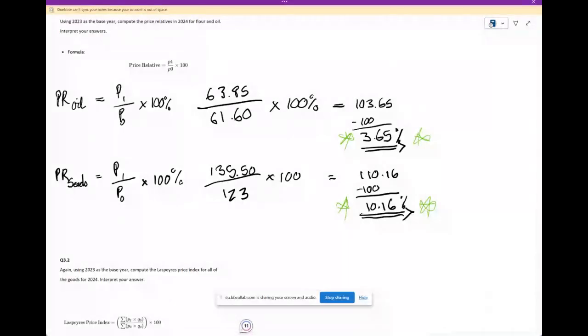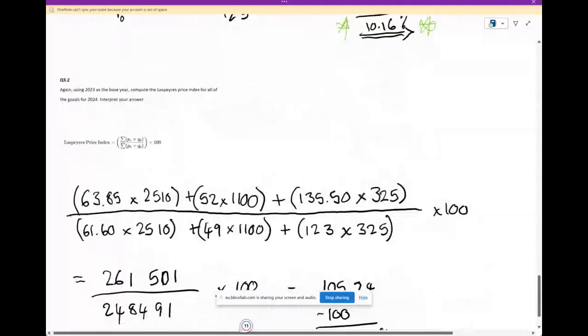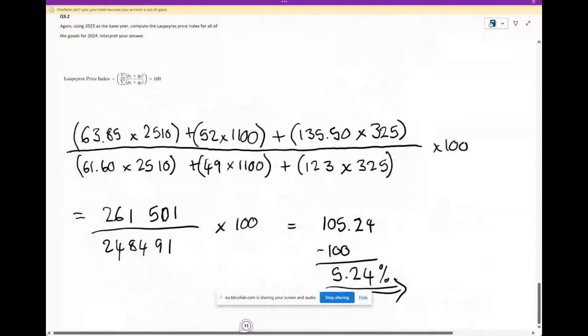Then again, we go to 3.2. Same issue again. Some of you were doing this separately. But if we look at the formula, you see it's the sum. Can you see that epsilon there? It's the sum of all of these different variables, or can I say products, for lack of a better term, okay?